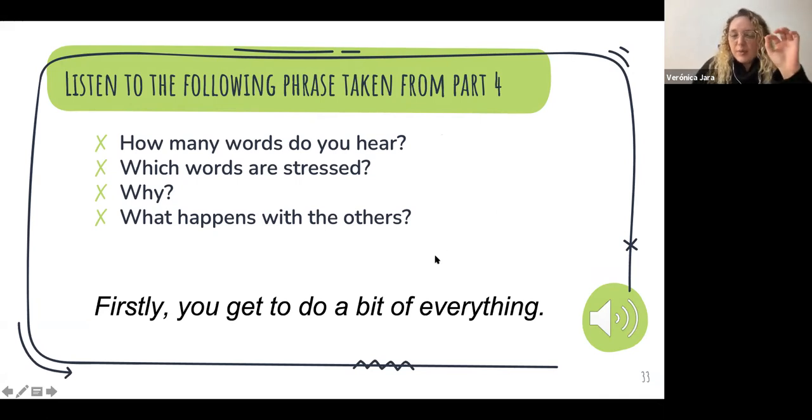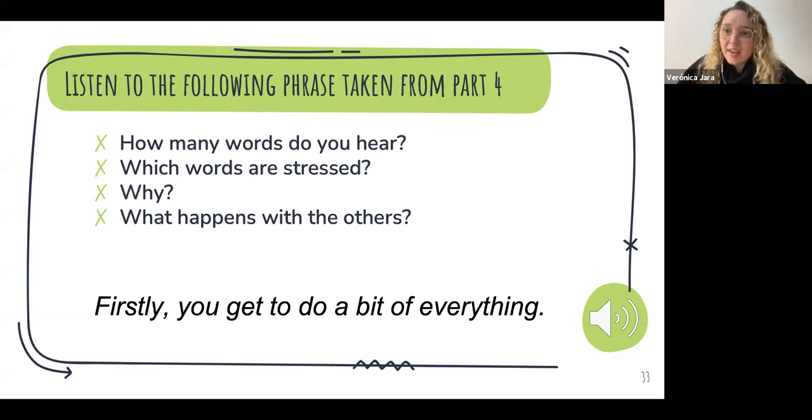Bit would also be stressed, right? But you know that there are different levels of stress as well, right? But let's not get into that now. Stress. Exactly. Now, what is important is to help students identify that there are some things that are stressed and other things that aren't, right?